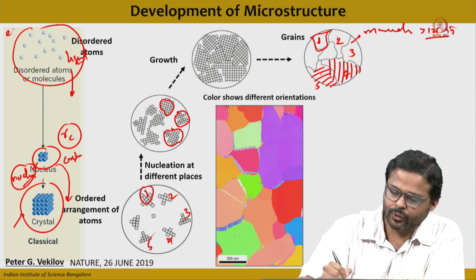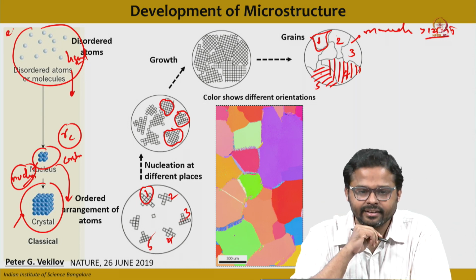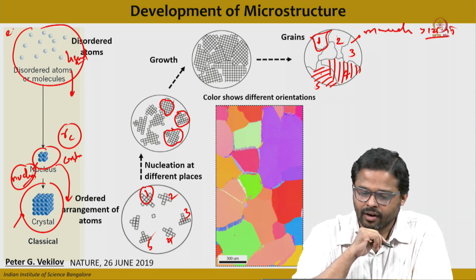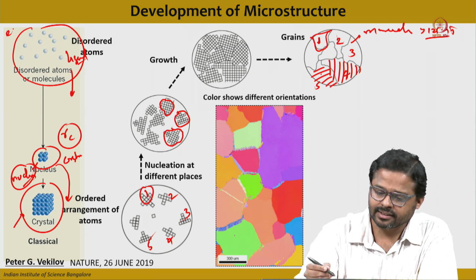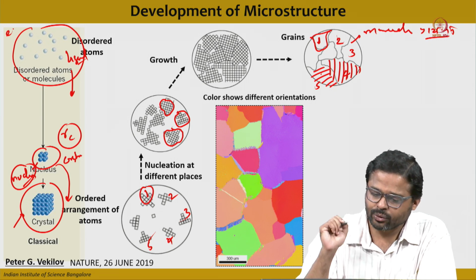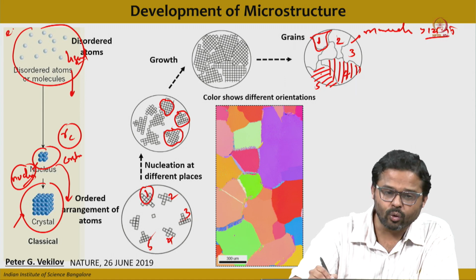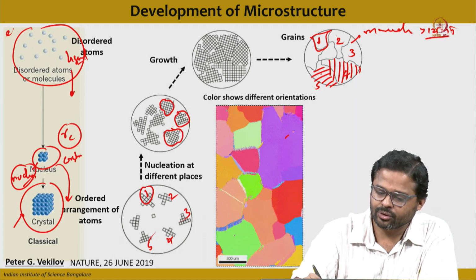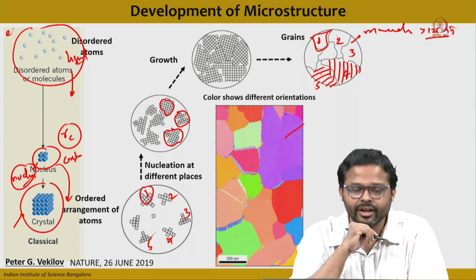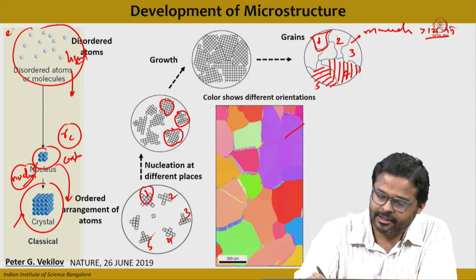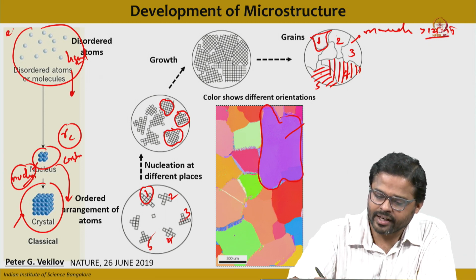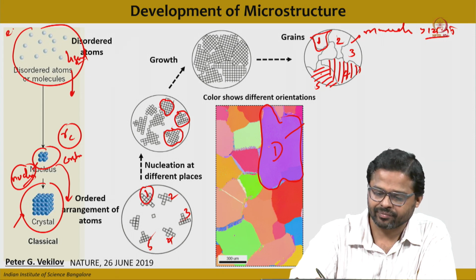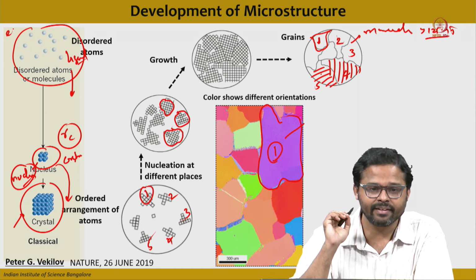So here I am showing you an electron backscatter diffraction pattern. We will not go into the details of this, but one thing to remember is that the color is directly related to the orientation of the crystal. It means that this particular big grain, the purple grain, has one particular crystal orientation.